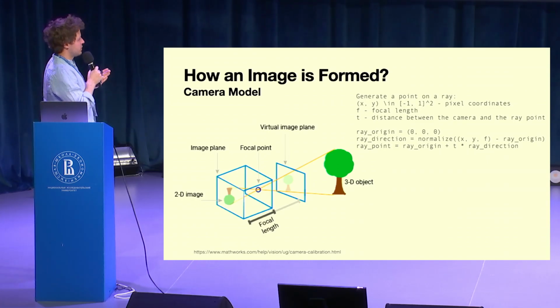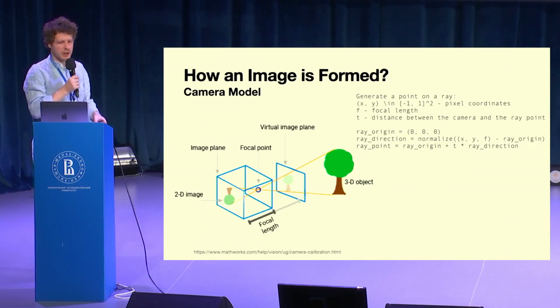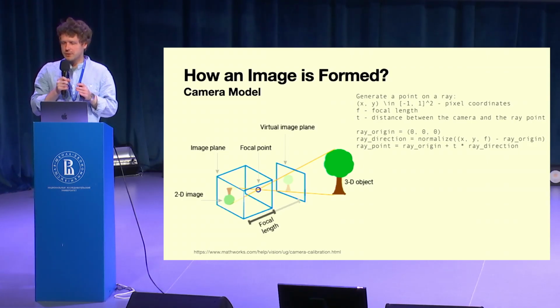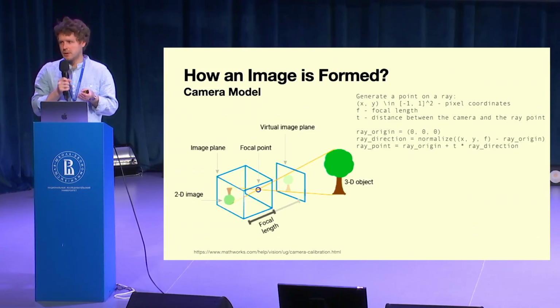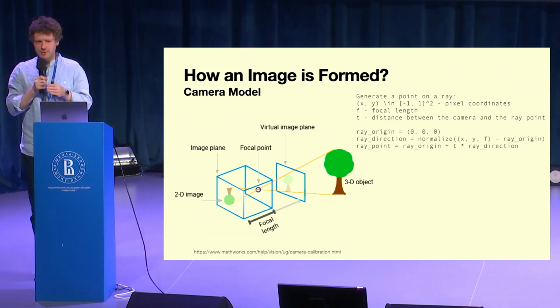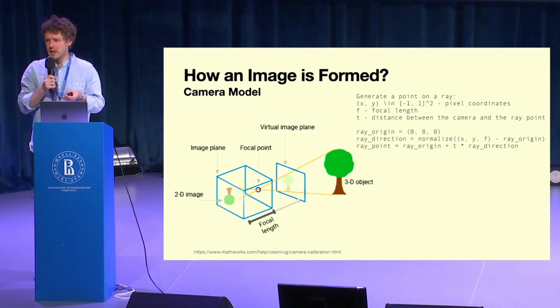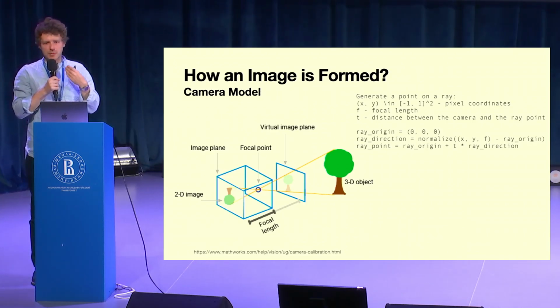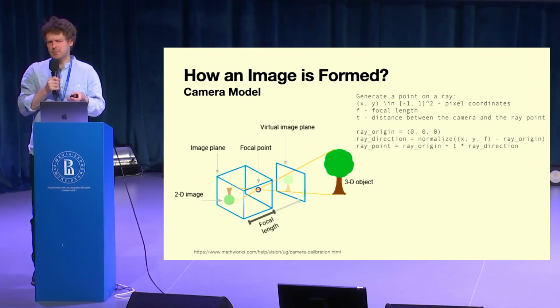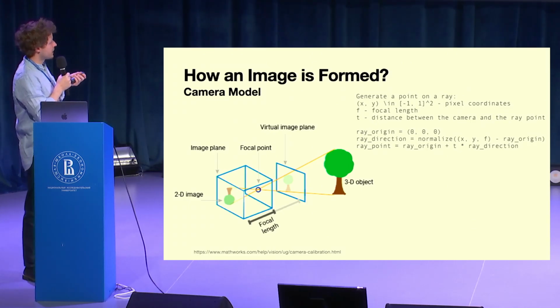I wrote some pseudocode here to illustrate how this is written, because running NLPs probably is not as threatening or complex-sounding as modeling real-world cameras. And I wanted to convince you that the procedure behind this camera is also pretty simple.